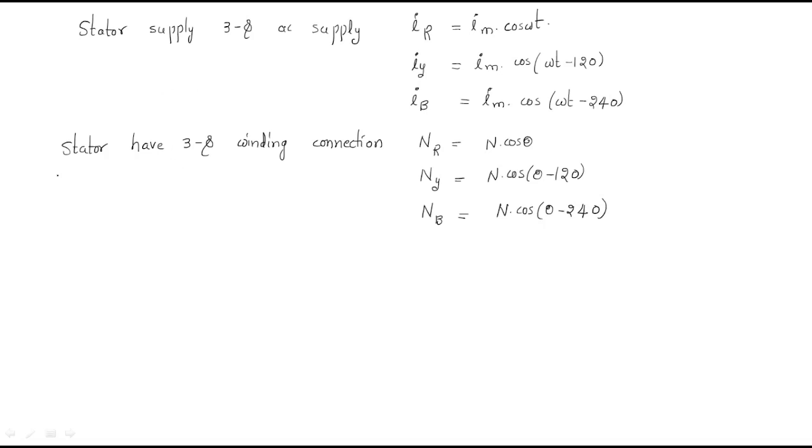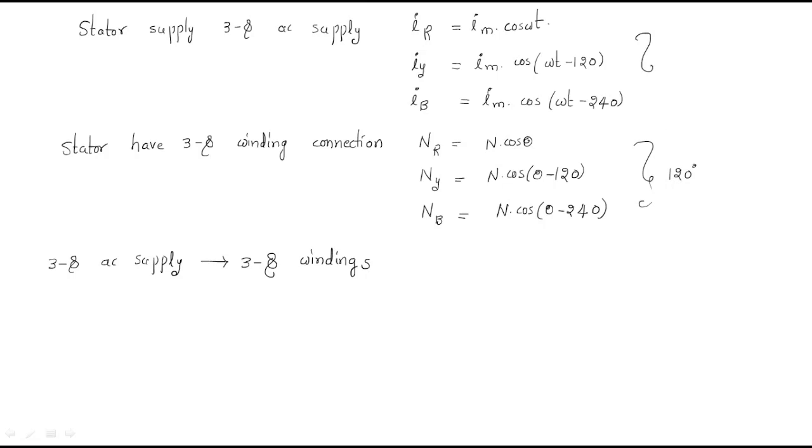So we are giving three-phase AC supply to three-phase, properly arranged windings. The displacement between the three windings is 120 degrees. Understand?